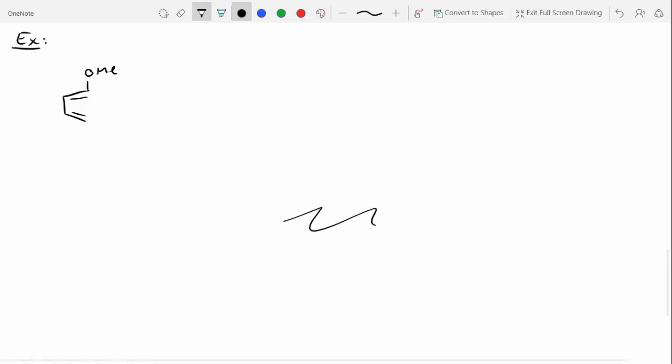Come on. All right. So we've got OTMS. Does anybody remember what TMS stands for? Yeah, trimethylsilyl. Let me draw it bigger. This is a very famous diene. This is called Danishefsky's diene. I'll spell it.